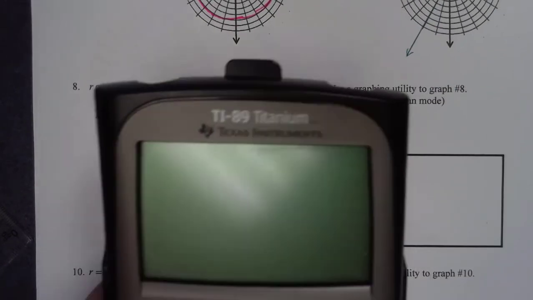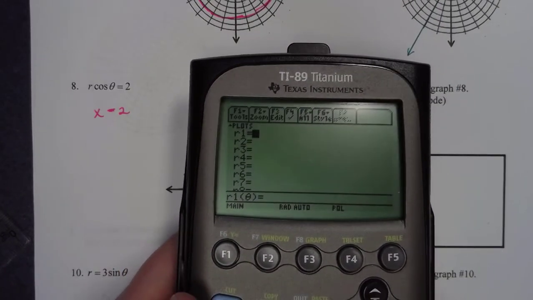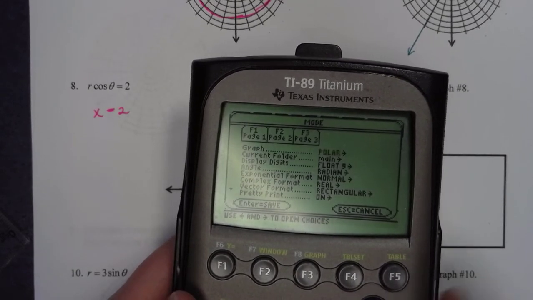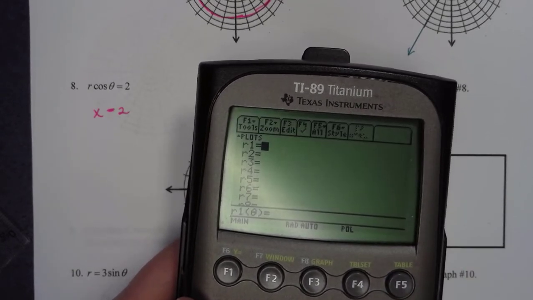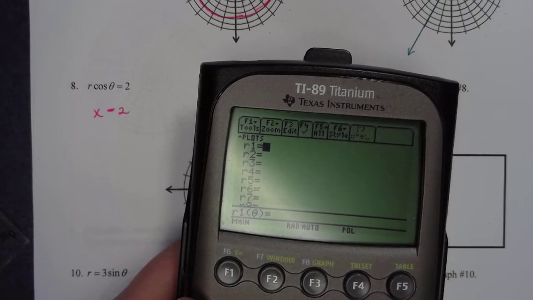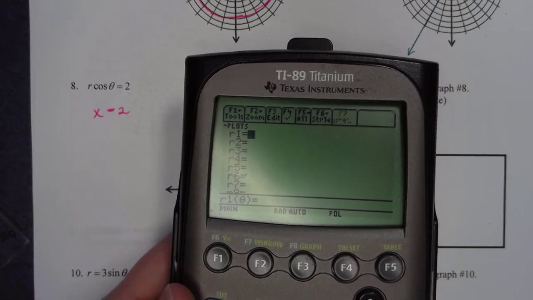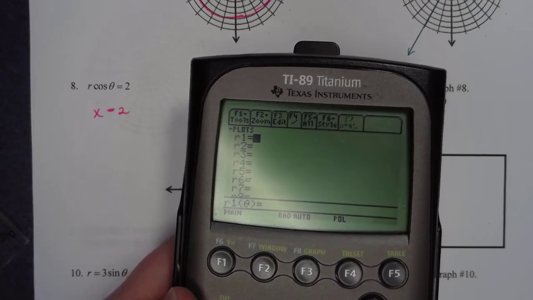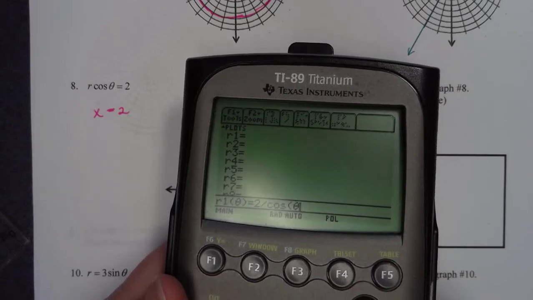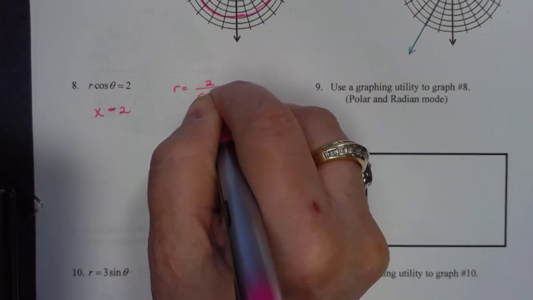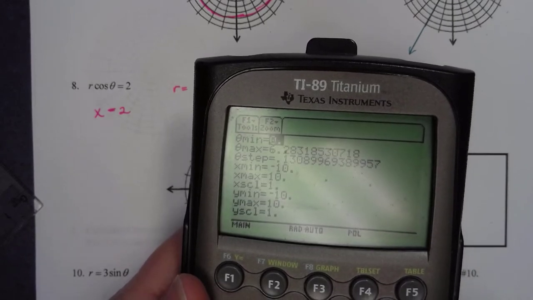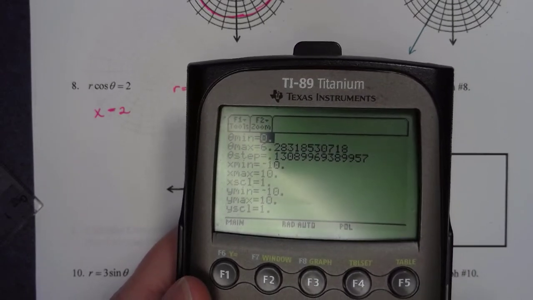Now, graphing this one, notice that I've got to change my mode into polar form and make sure that you are in radians. I need this to say r equals. So my equation r equals, if I solve this, would be 2 divided by cosine theta, close parentheses. And let's go to our window, and I'm in polar form. Let's see what happens.